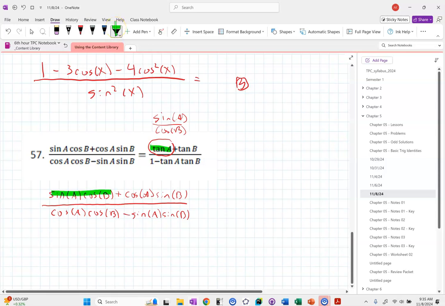So if I look at this piece, if I divided that piece by cosine B squared, I'd end up with that tan A that I need there, right? So I'm going to do this to the top and bottom.